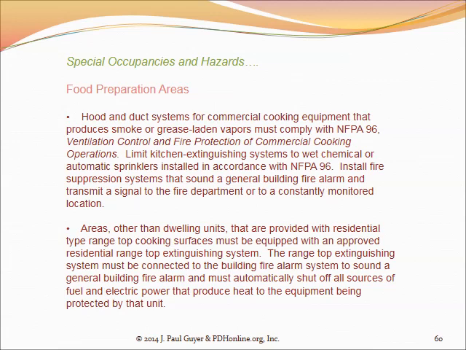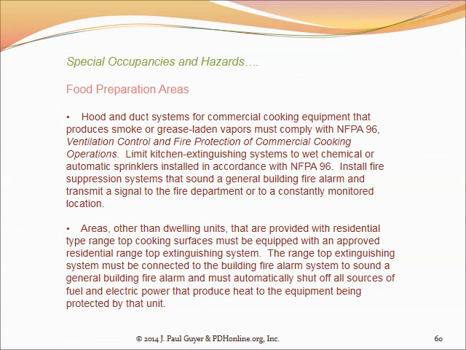Kitchens produce smoke, and that can create an issue as far as the type of detection system that is used. In other words, smoke detectors or products of combustion detectors need to be carefully considered because they could be subject to false alarms.